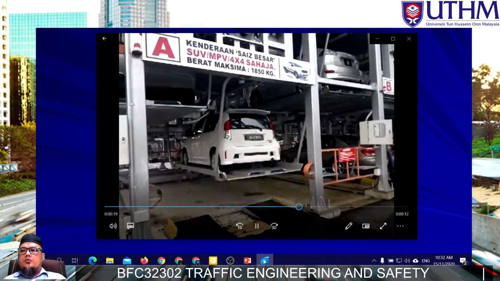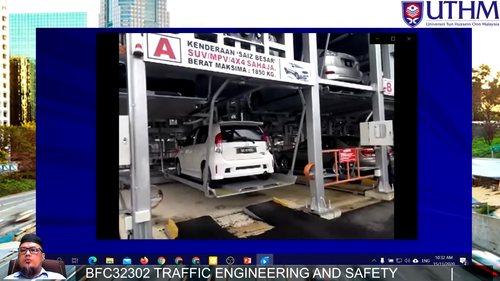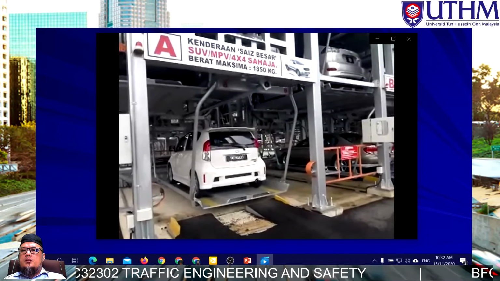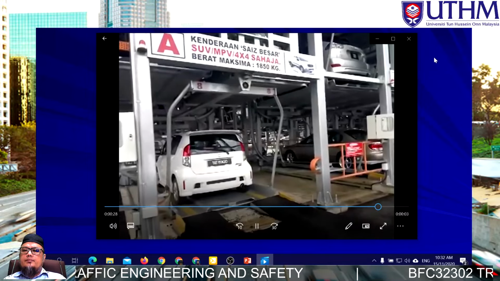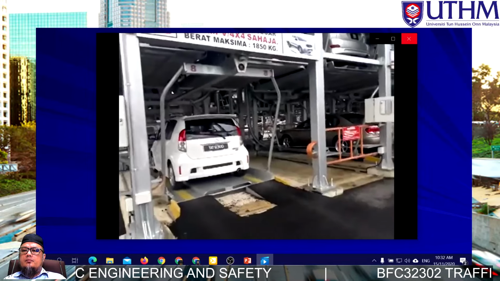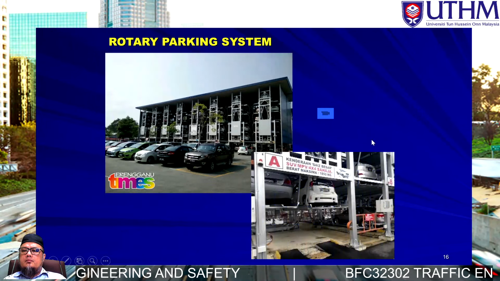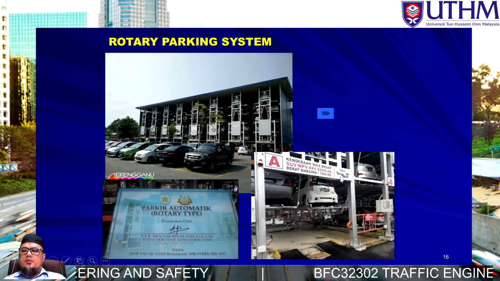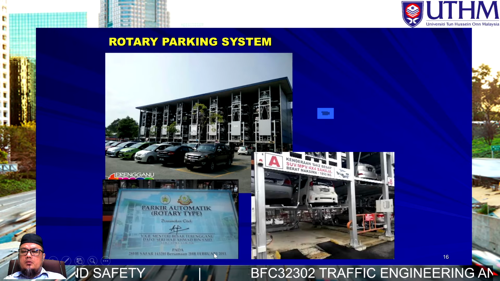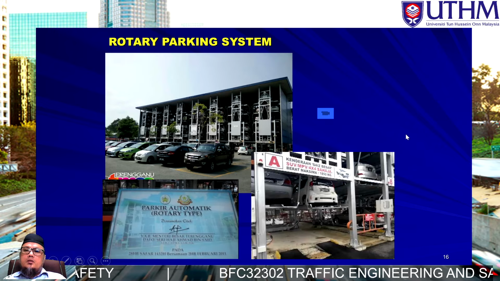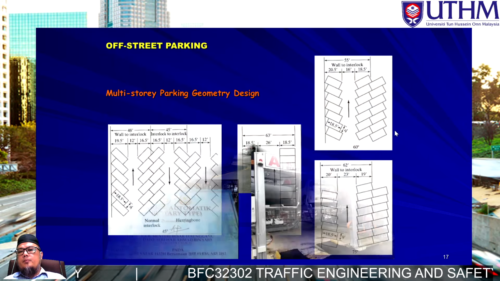So it's not for overweight vehicles. That's quite a reasonable vehicle size. This was implemented in 2011, so I think more than 9 years ago.